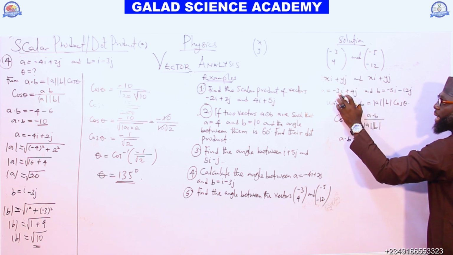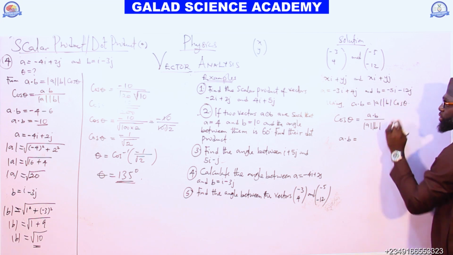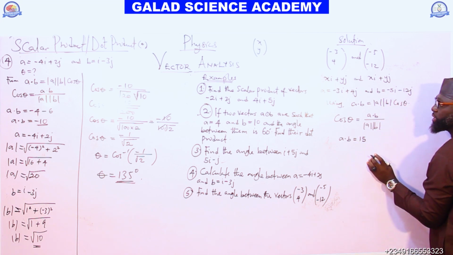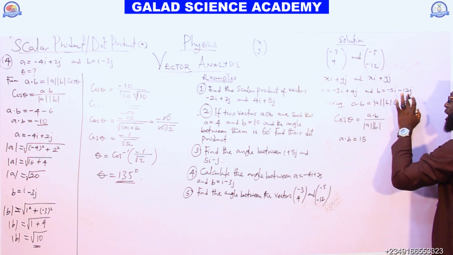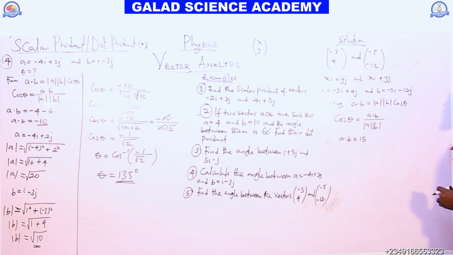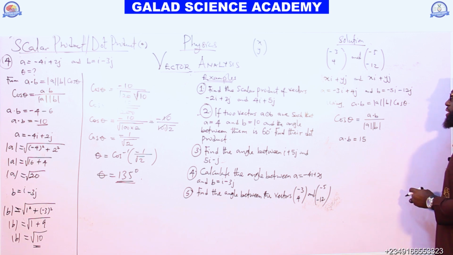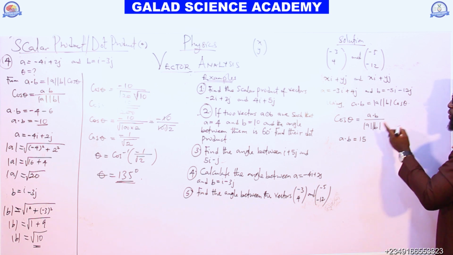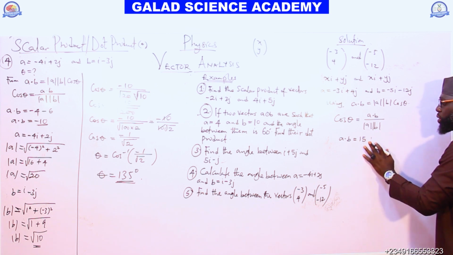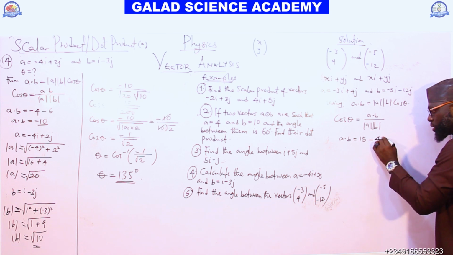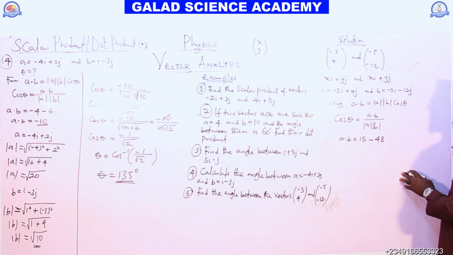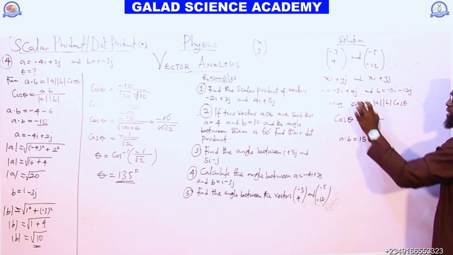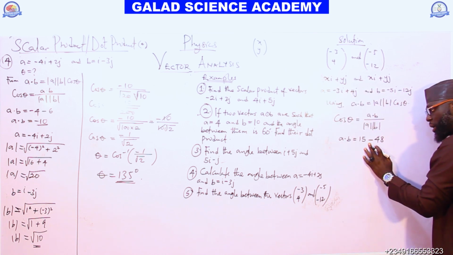Now what will be the product A dot B? Minus 3 times minus 5 is plus 15, then plus 4 times minus 12, which is minus 48.